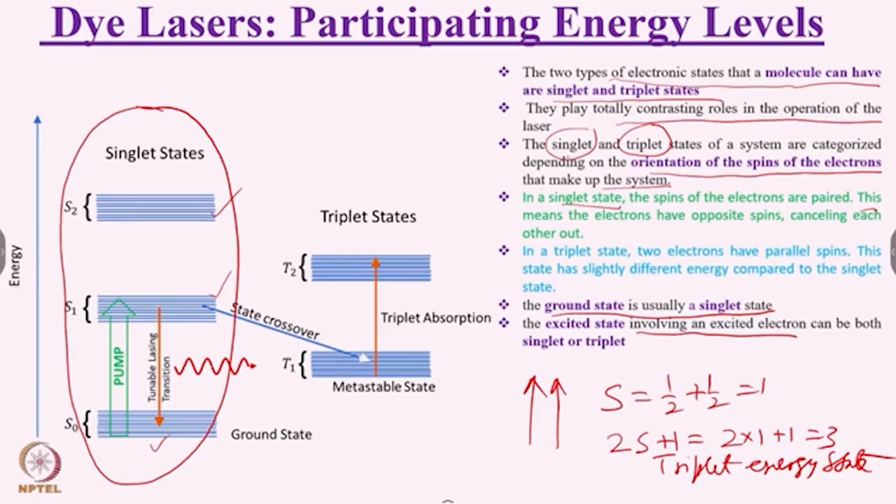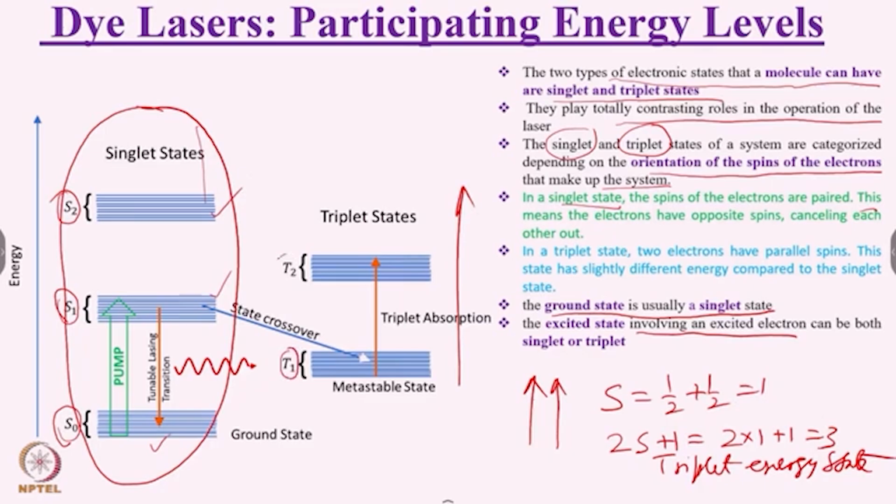Now, this is the ladder of the singlet state. This is the ground singlet state, which is denoted as S0. This is the first excited singlet state, denoted as S1. This is the second excited singlet state, denoted as S2. And this is the triplet state ladder. This is the first excited triplet state, denoted as T1.